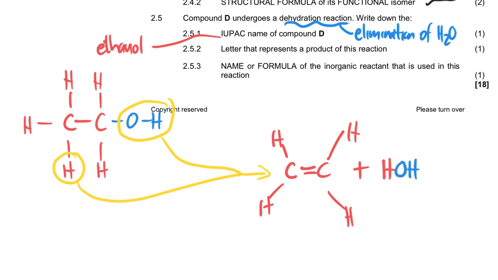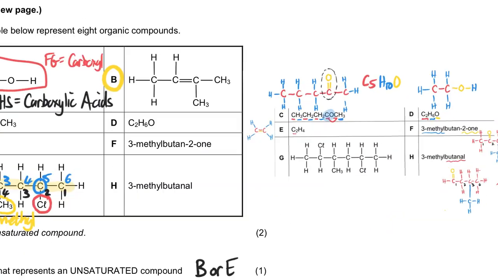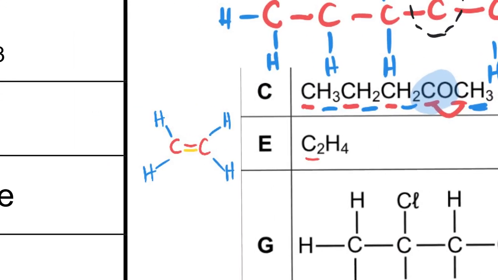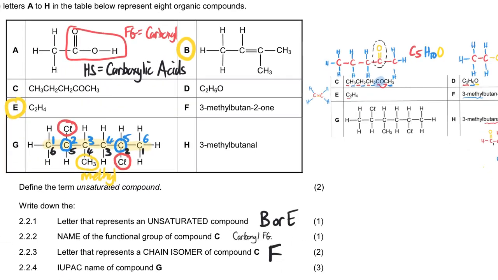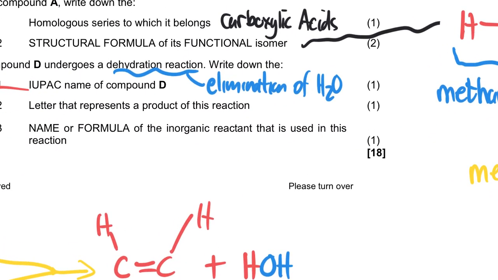So this would be an elimination reaction, and the letter that represents the product of this reaction would obviously be E, because that's ethene. So the answer would be E.